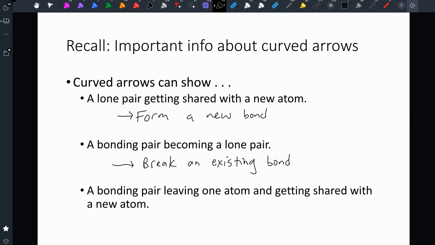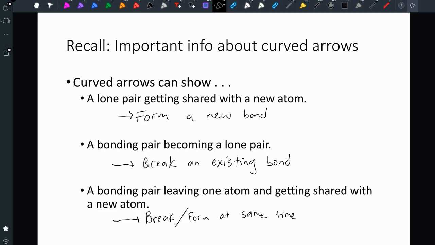Or we have those cases where a bond moves from between two atoms to between one of those atoms and a new atom. So break and form at the same time. Everything is going to happen using just those three kinds of moves.